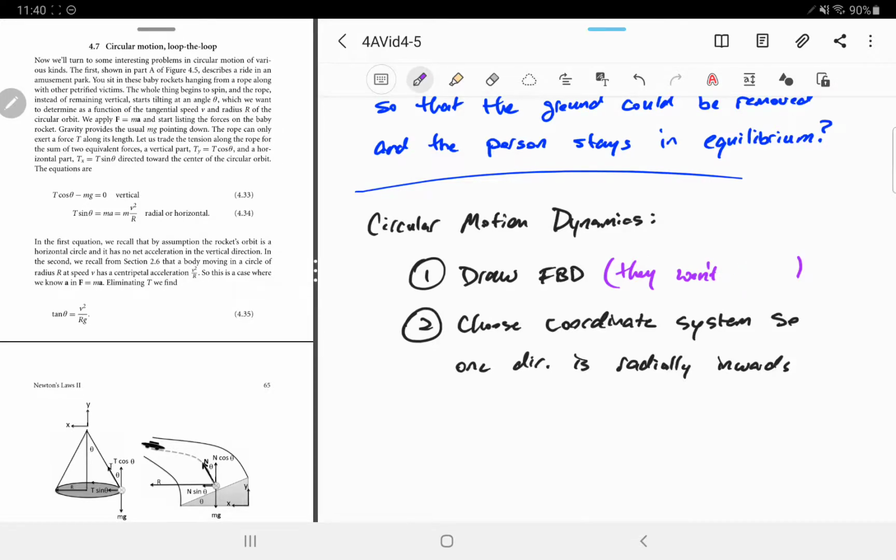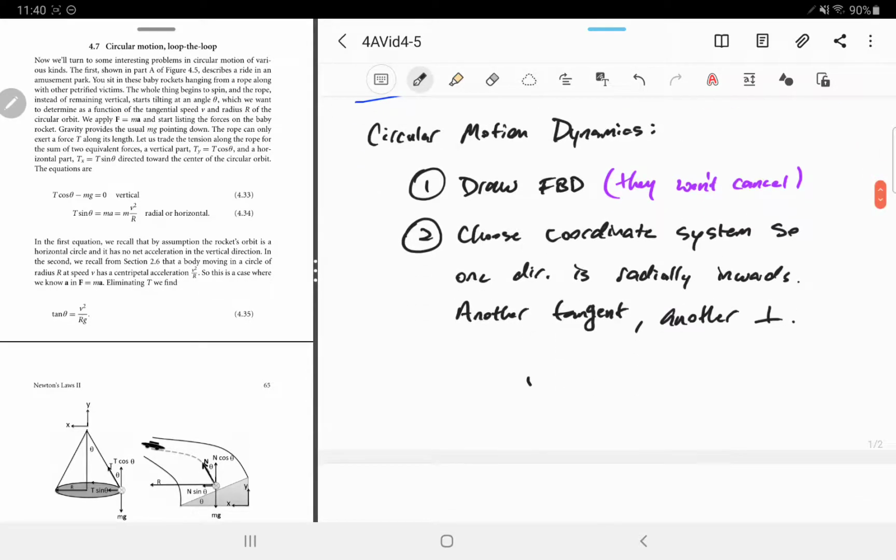Handwriting's getting worse and worse every time I redo this. There we go. Choose coordinate system, so one direction is radially inwards, and then another is going to be tangent to the circle, and another is perpendicular to both of those 2 directions.